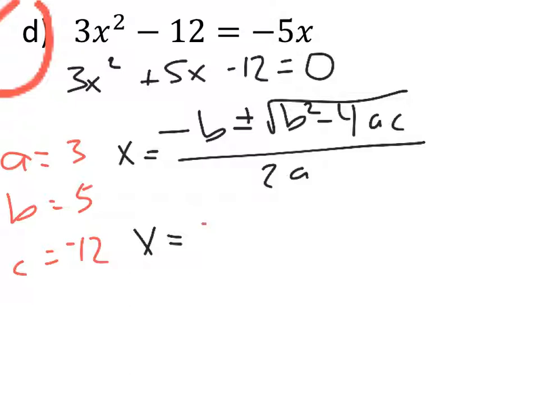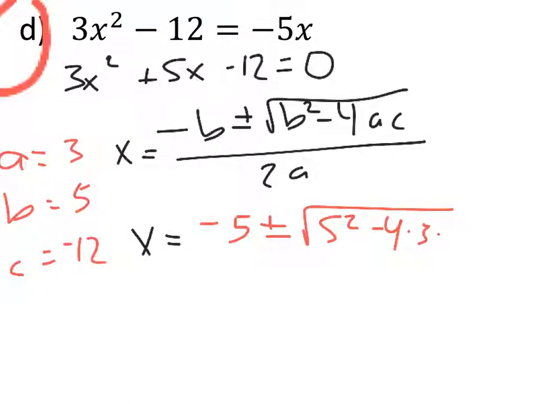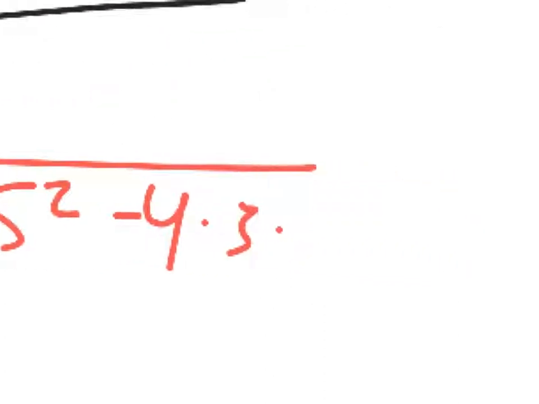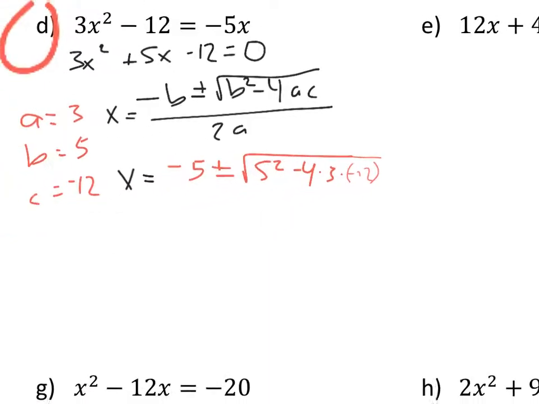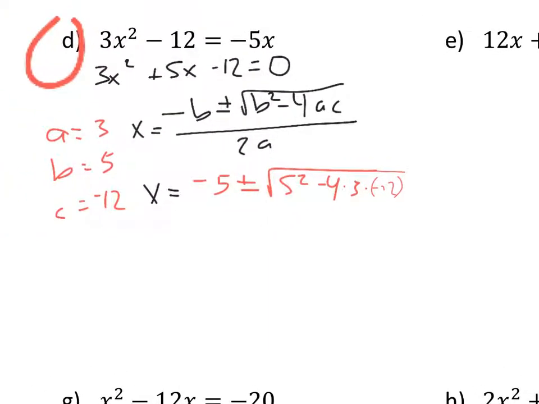So negative b plus or minus the square root of b squared minus 4 times a times c. And I'm going to extend my radical sign, and I'm going to put the negatives in parentheses wherever I can. All the party's over by 2 a.m., or 2 times 3.